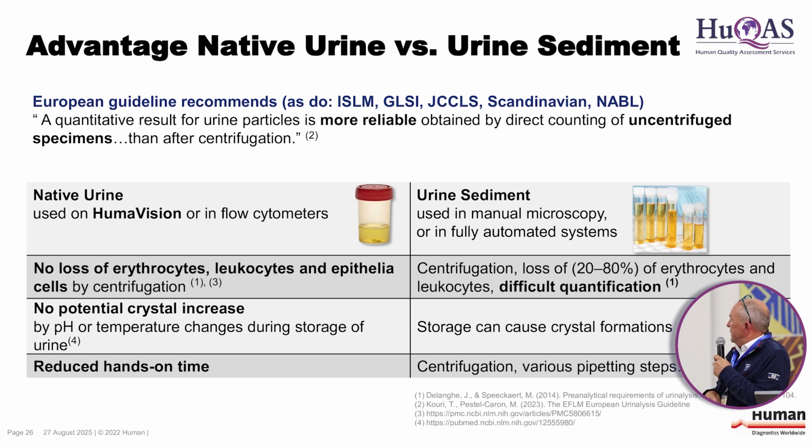There's literature that you lose about 20 to 80% of the erythrocytes, leukocytes, and epithelial cells during centrifugation. During the time when urine stays in the lab, crystals will grow, will disappear, all can happen, you know it. And this is not the case if you use native urine, ideally a few minutes after you collect it.